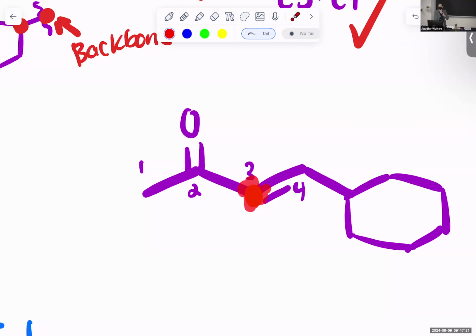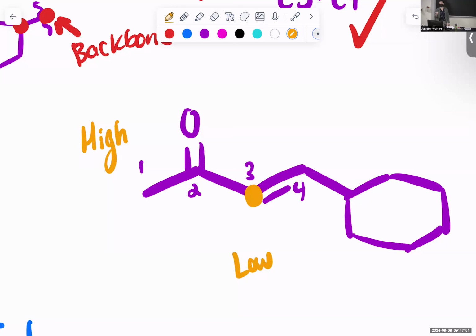What are the two elements directly connected to the alkene? Carbon and hydrogen. So I have a carbon and an implicit hydrogen. Which one has the higher atomic number? Carbon. So that tells me right away, I don't even have to keep going. I just know that side's high priority and that side is low priority because the hydrogen would be low in priority. You go atom by atom until you find a difference.